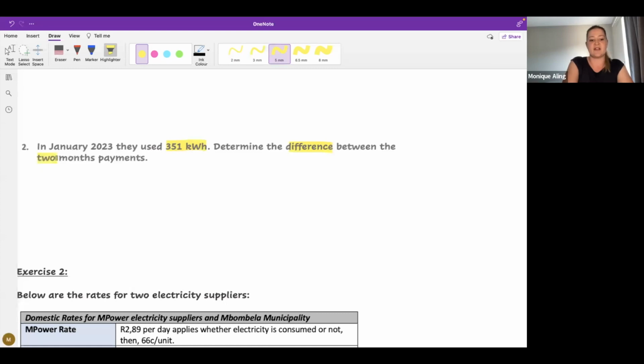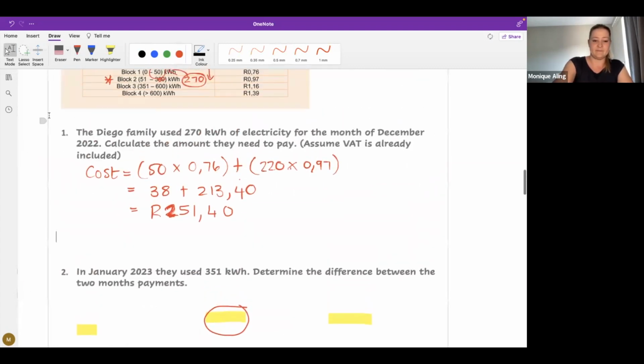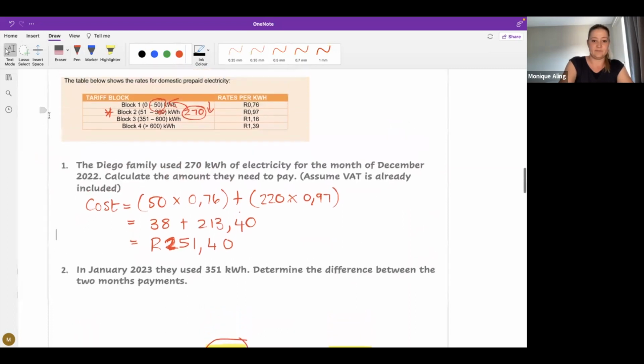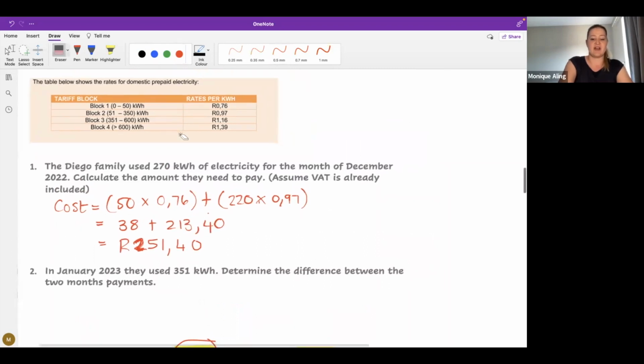So before we can work out the difference, we have to work out the cost for the next month. Okay, so let me just bring that table a bit closer. And I'm going to ask you guys to try question 2 for me.